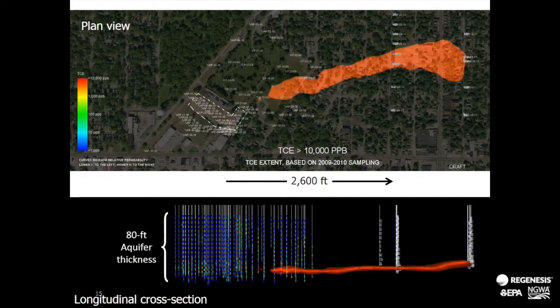The lagoon had been shut down in 1975. It had a RCRA closure, scooped out and removed. So the original source mass was removed, and we started investigating in about 2005. So what are we looking at? 2005, almost 2010. So we had over 30 years of washout.